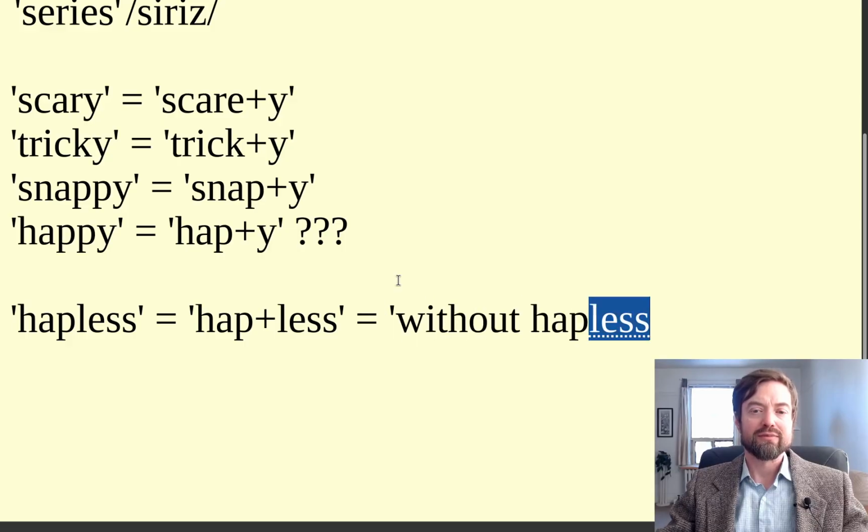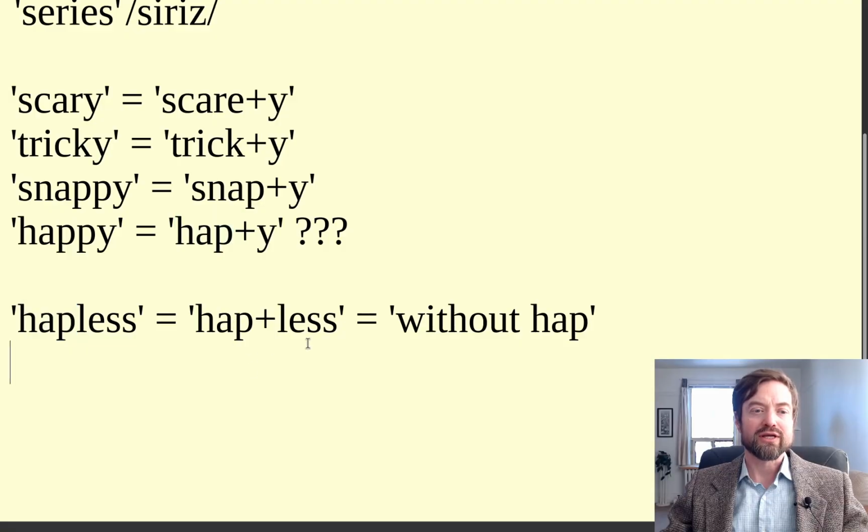So if hapless is a thing, then maybe hap should be a thing here with happy.